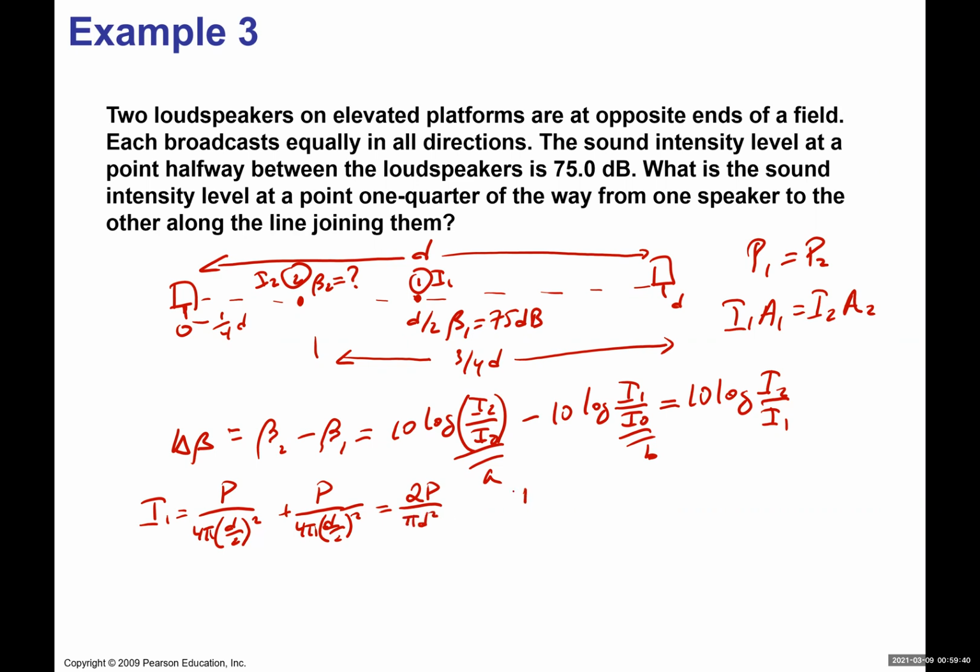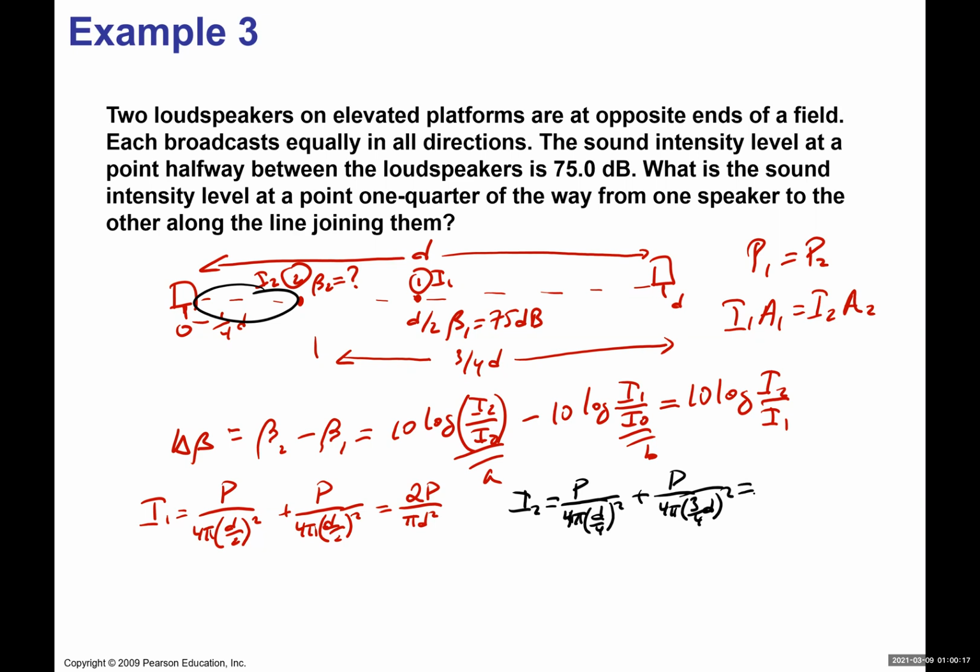Now looking at intensity 2, the same way, it will be P over 4 pi (D over 4) squared, since the first one travels this much, plus P over 4 pi (3/4 of D) squared.